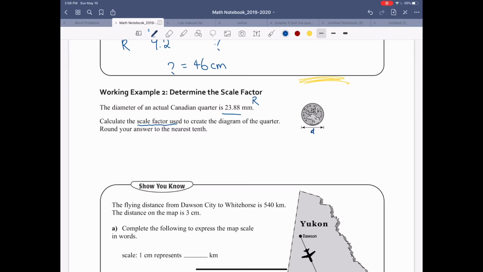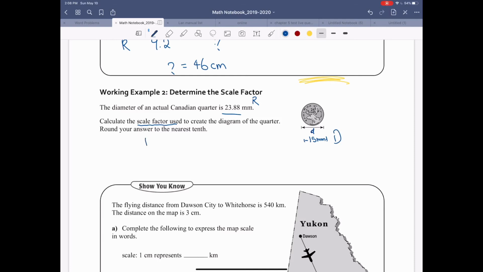I don't have the same workbook because I'm using a digital version, so I cannot measure with my ruler and get the same measurement as you. So I'm just going to estimate 15 millimeters for the printing of the picture in your workbook. This is the diagram.